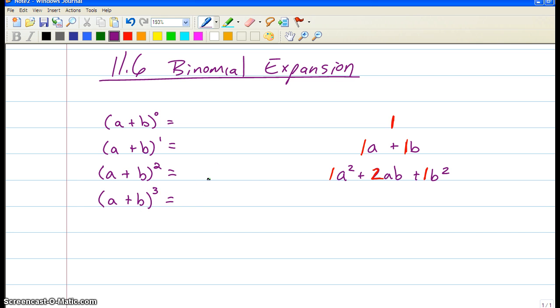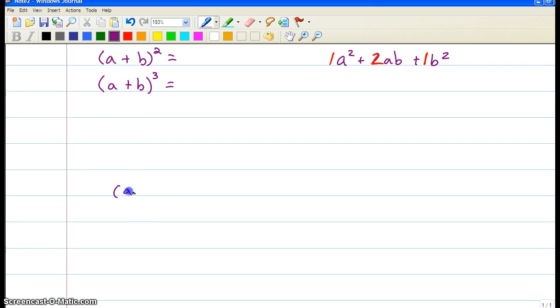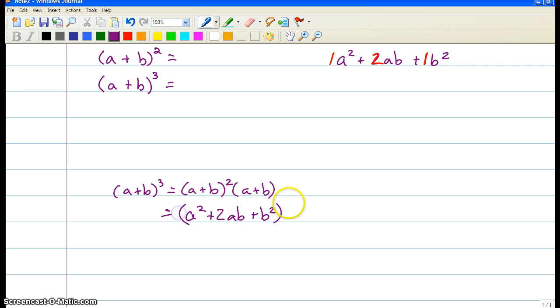First, we know that that's a plus b to the second power times another a plus b, right? So a plus b to the third power, I'm going to show some scratch work here, and then I'm going to turn around and erase it, is going to be a plus b squared times a plus b, right? A plus b squared we just did was a squared plus 2ab plus b squared times a plus b, correct?